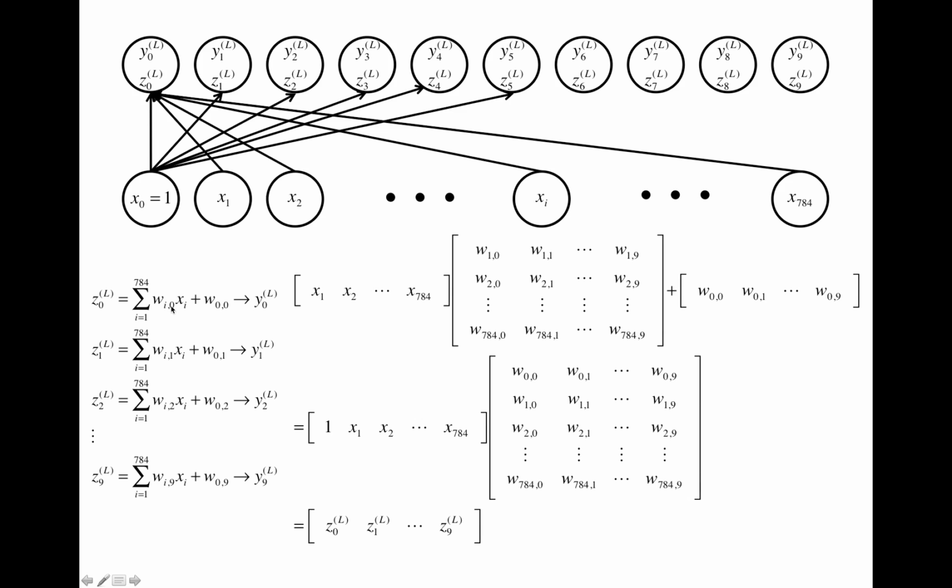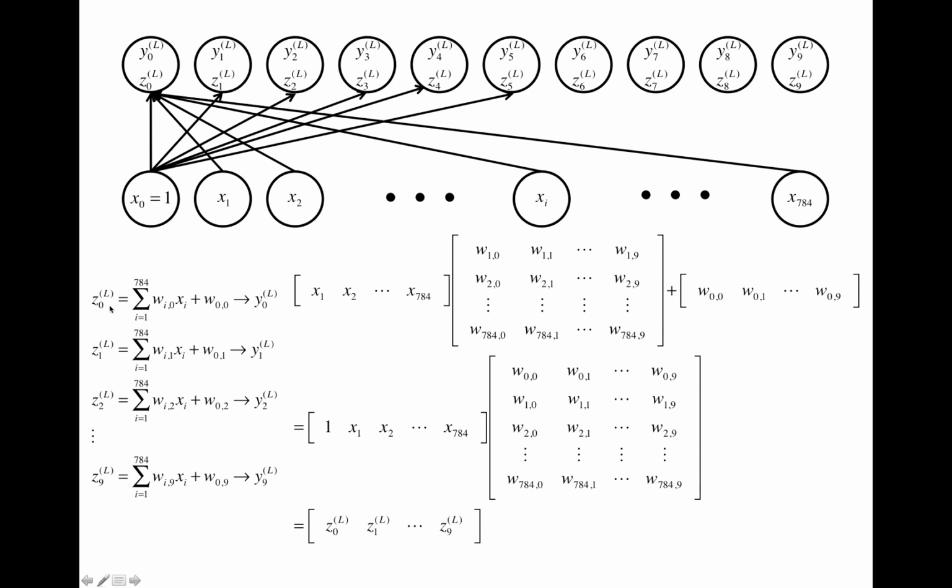Then we can write the logit z0 as the weighted summation of all the 784 inputs that go from x1 to x784, and also x0, which has a fixed value of 1, multiplied with w00. You can think of w00 as 1 multiplied by w00, and this 1 comes from x0.